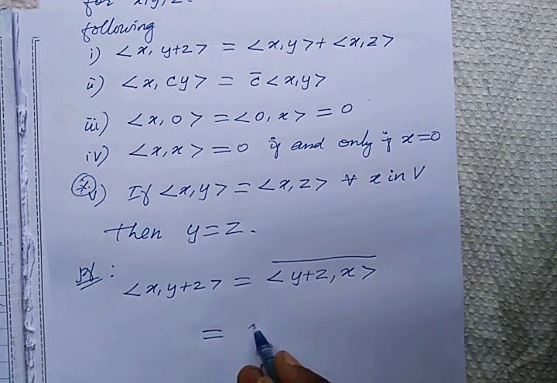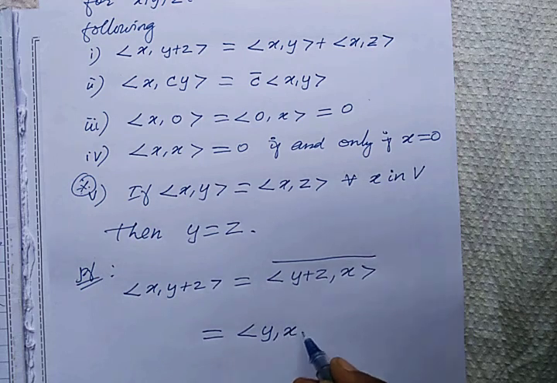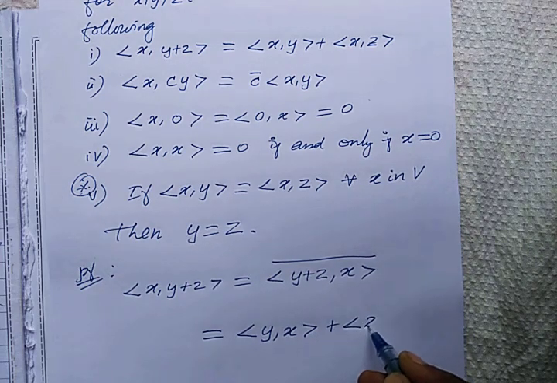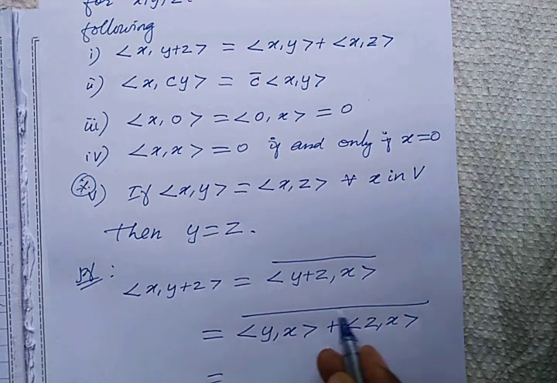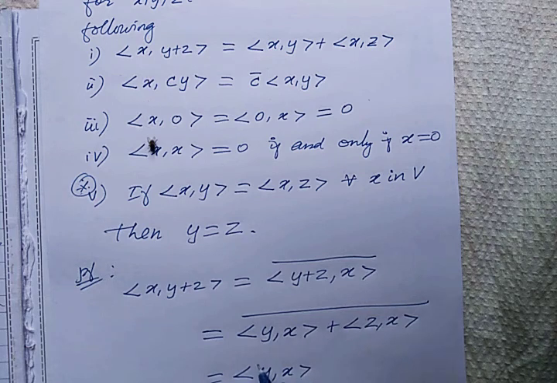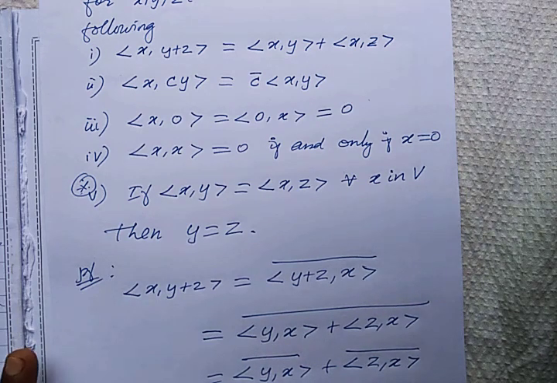So this can be written as inner product of y comma x plus inner product of z comma x, the whole bar. This bar can be split. So inner product of y comma x, the whole bar, plus inner product of z comma x, the whole bar. So this one is equal to inner product of x comma y, and this one is inner product of x comma z.